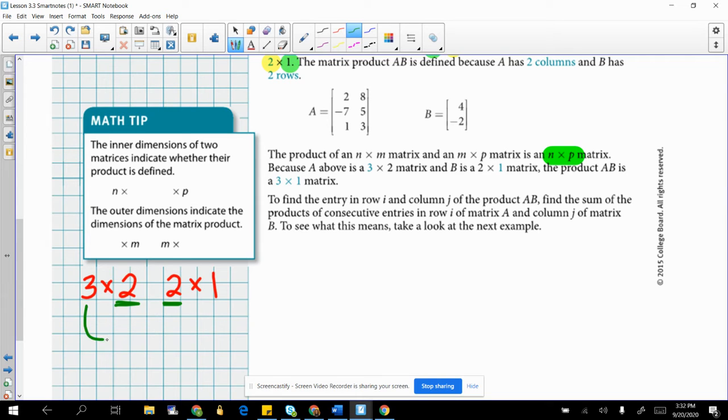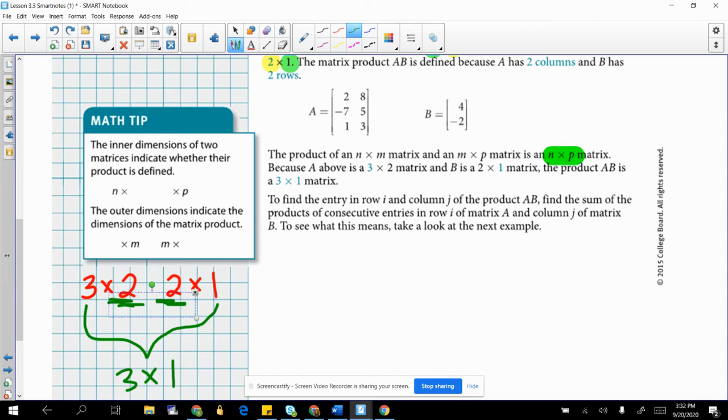And then your solution is going to be the outer ones, so a 3 by 1. If these two numbers do not match, then you cannot multiply. That's the big difference here, because when we were adding or subtracting, they had to be the exact same dimensions. But now when we're multiplying, it's just that those inner two numbers have to match.